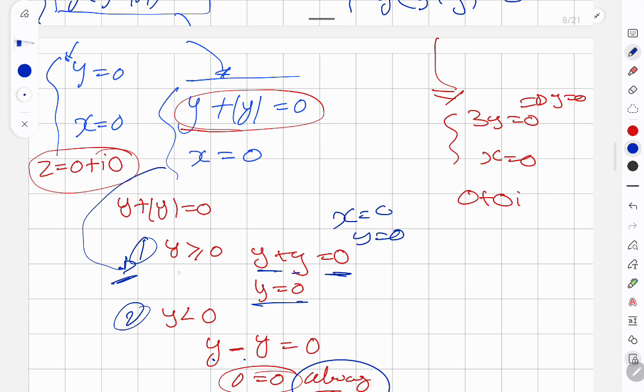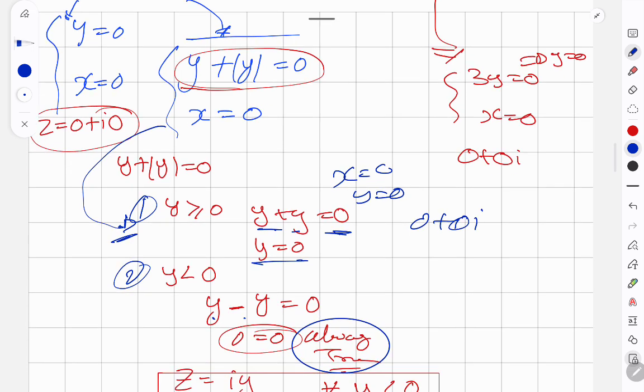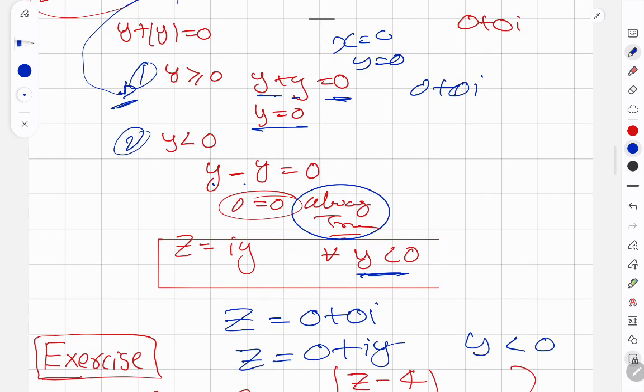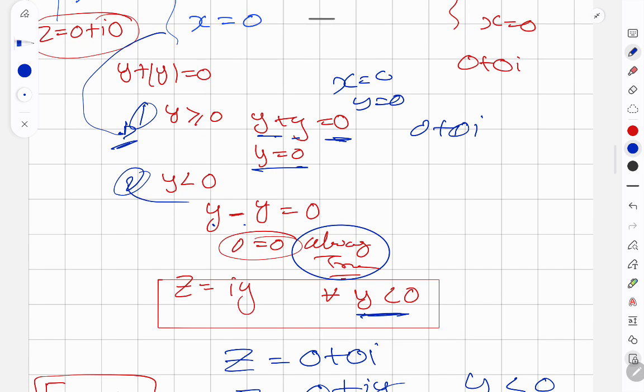In case number 1 we got y equal to 0, so again we got 0 plus 0i. But when y is negative, since it's a modulus function, you have to put y minus y equal to 0, so you get 0 equal to 0. So z equals iy, and y could be any value, but since we had assumed here already that y is less than 0, that's our first condition.